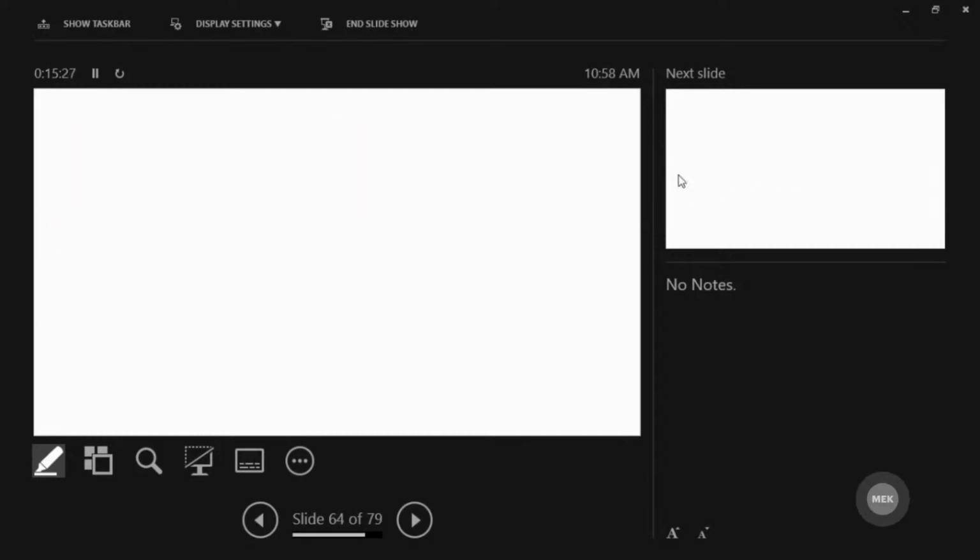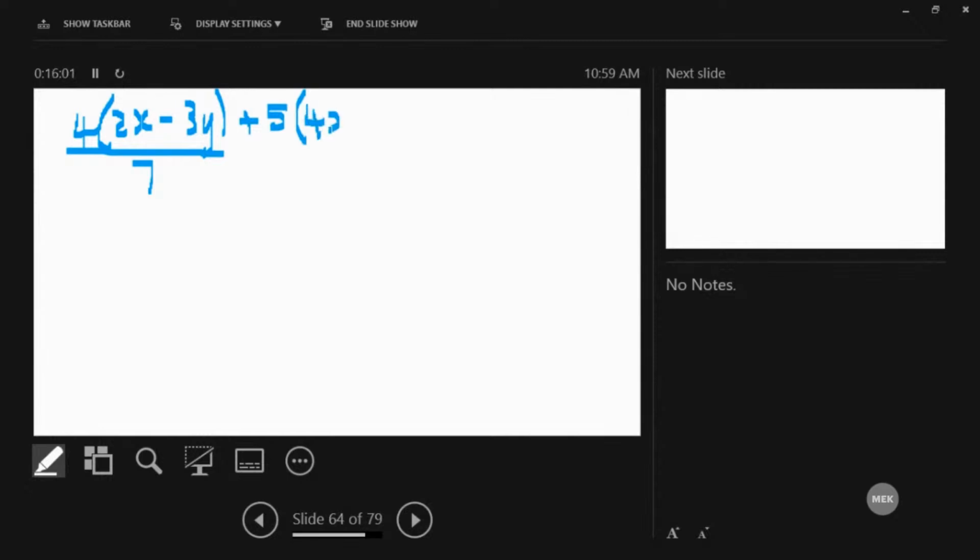So let's look at some that are even more complicated, where we might have a number in front, right? In the denominator, we have a bracket already.